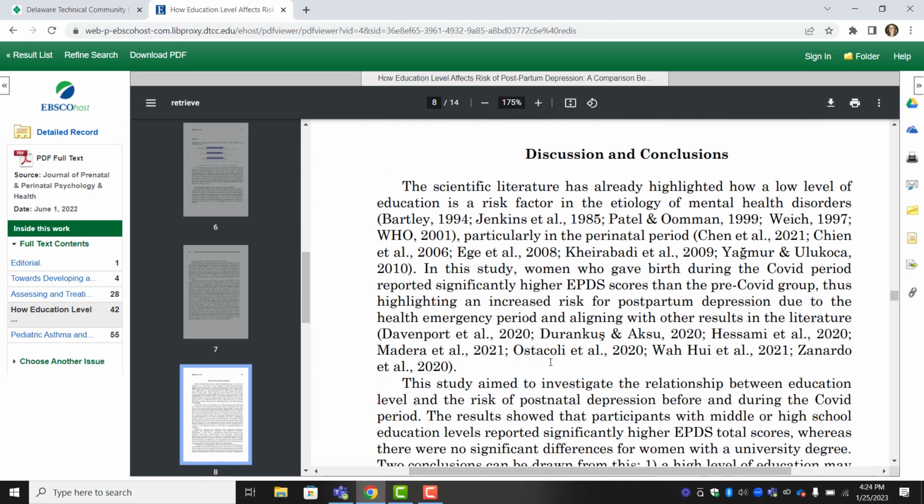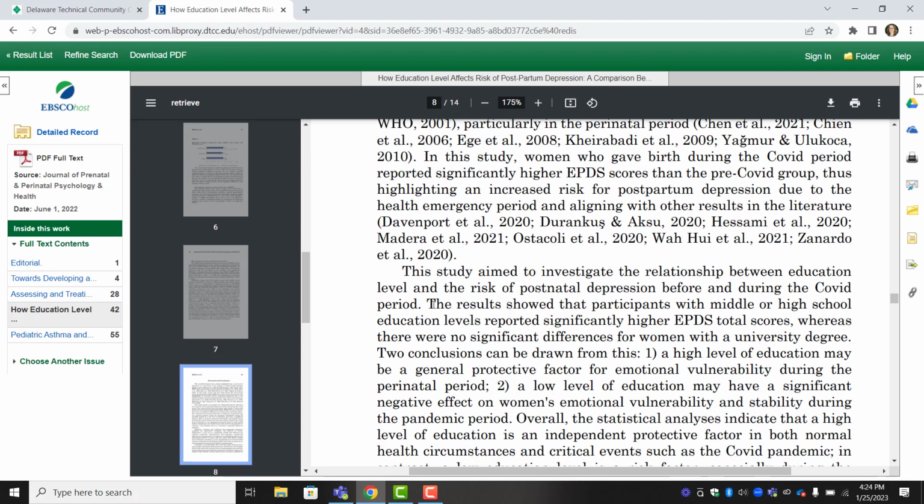So discussion, and what it says is that they were looking to see if there's a relationship between education level and risk of postpartum depression. And they found, so right here, the research showed that participants with middle or high school education levels reported higher depression scores, whereas there was no significant differences for women with a university degree.